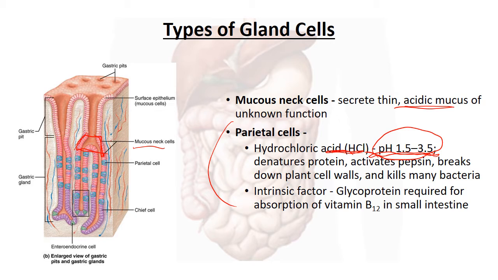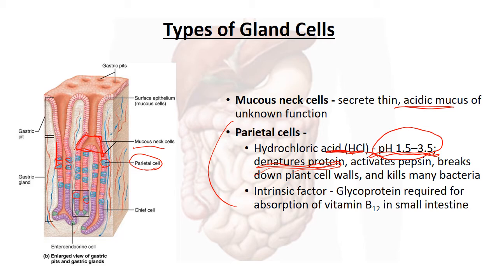Here are the parietal cells. You see how they're just kind of dotted in here between the mucous neck cells, and they're pretty much dotted throughout the entire gland. Now, the purpose of this hydrochloric acid, this extreme pH, is that it helps to denature proteins. When we denature the protein, we take that globular protein and stretch it back out into its primary form, meaning individual amino acids linked together in a string.